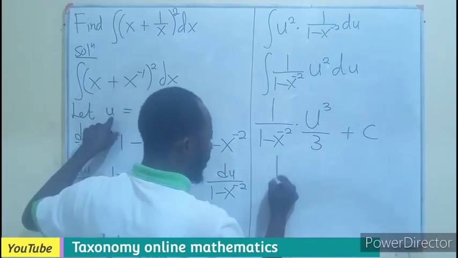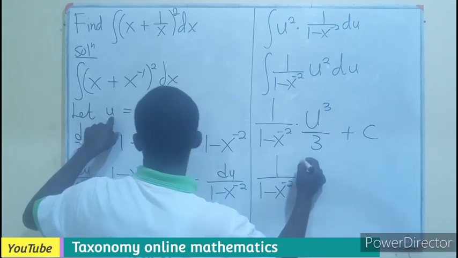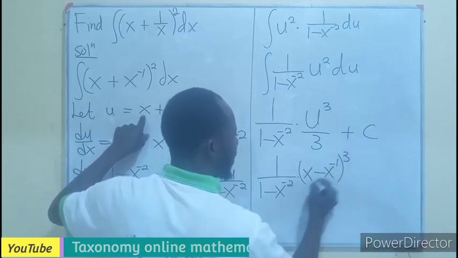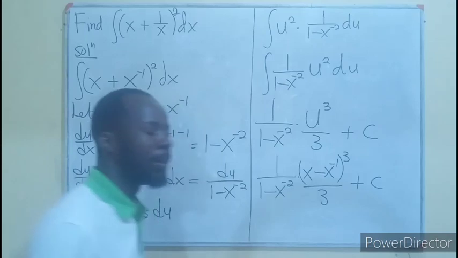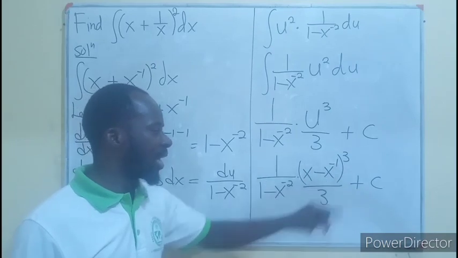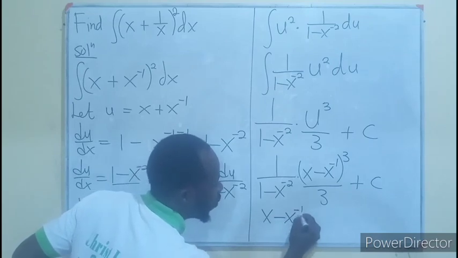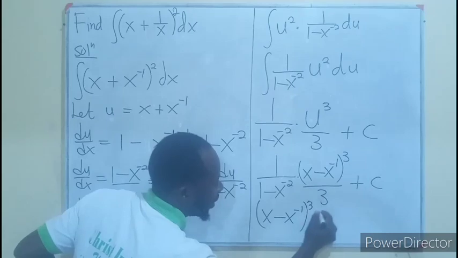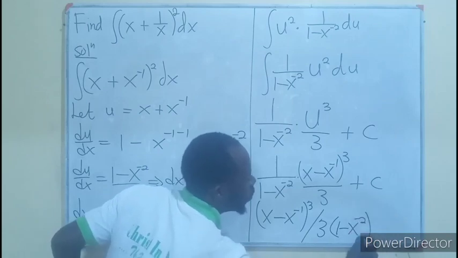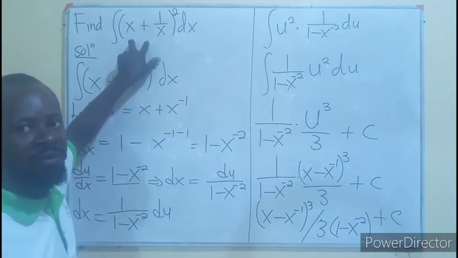So that becomes 1 over (1 - x^(-2)) multiplying (x + x^(-1))^3 divided by 3, plus C. Since it's a fraction multiplying a fraction, the numerators can multiply together to give us (x + x^(-1))^3 divided by 3 multiplying (1 - x^(-2)), plus C. So that will be the integral of this function.